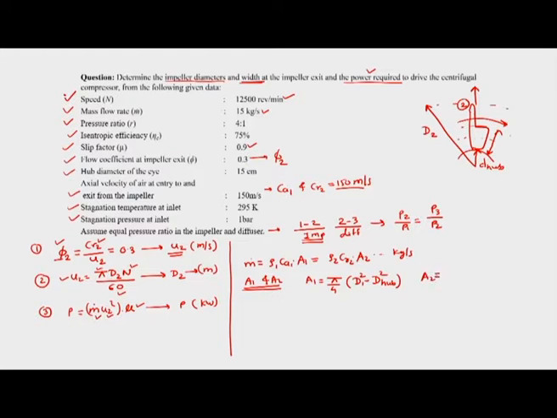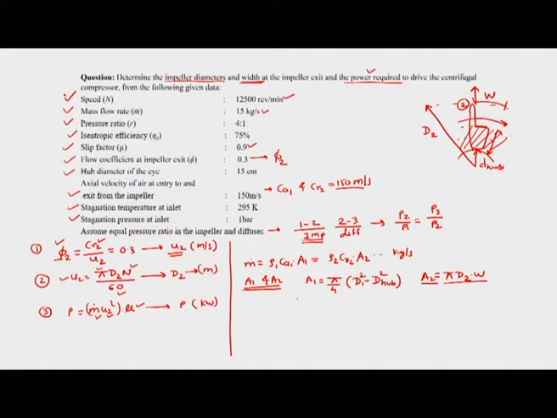This is the approach for the fluid which is coming axially into the inducer, so we consider the annulus area in which fluid is getting admitted. For the outlet, the area is pi d2 into w, the width between this blade and the next blade.